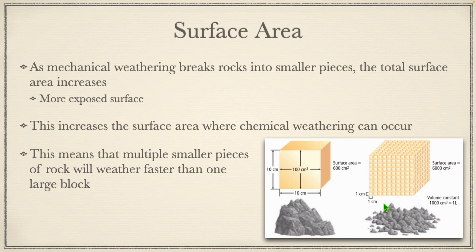More surface area means more places where water can get in and cause chemical weathering, or where water can freeze and cause physical weathering. So more surface area means more chemical weathering. Multiple smaller pieces of rock will weather faster than one large block, because water can get in between the grains.